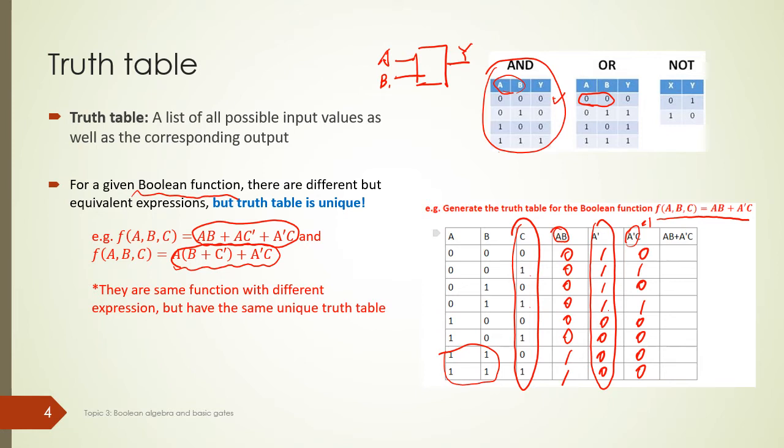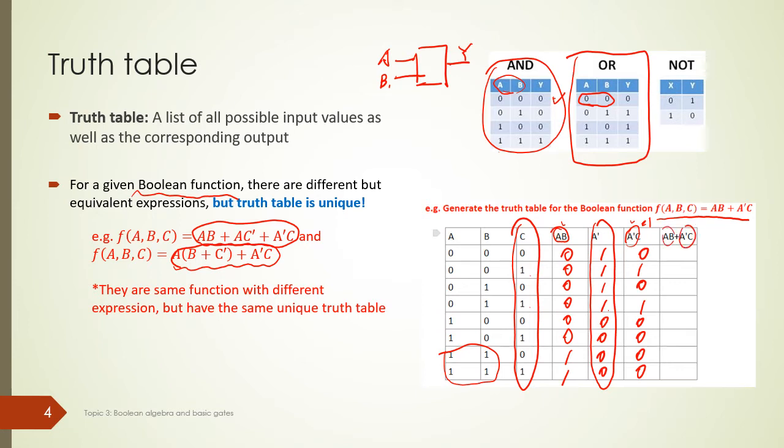Finally, we've got a and b and a prime c. Then let's put them together using the OR function. Then we need to check this truth table here. Again, the quick way to remember this: the y value is 0 when both a and b are 0 at the same time, right? So here a and b actually is this part and this part.